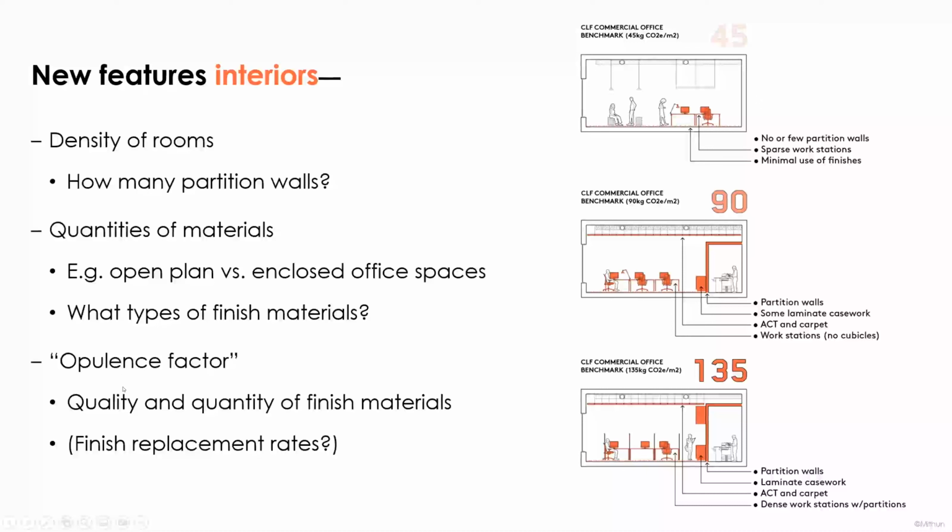And again, this opulence factor. One of the places we've seen this most in our own practice, and what really got us thinking about this term, is looking at our market rate versus affordable housing projects, and just looking at the way that finished materials are chosen or not chosen.